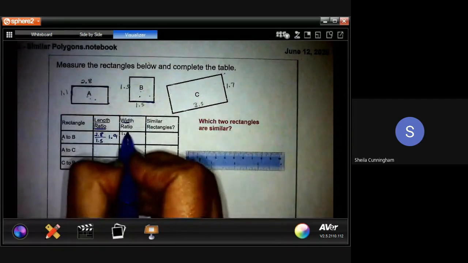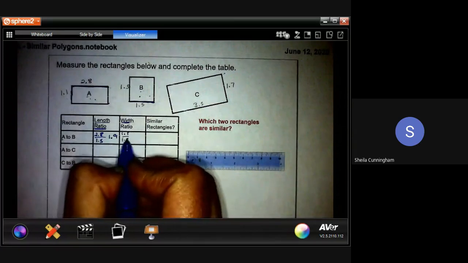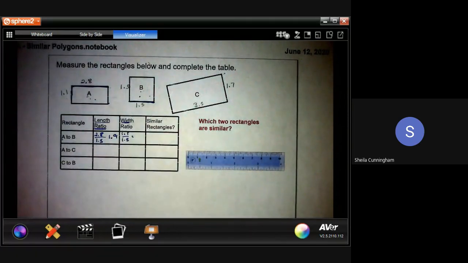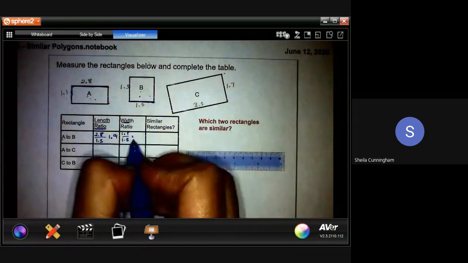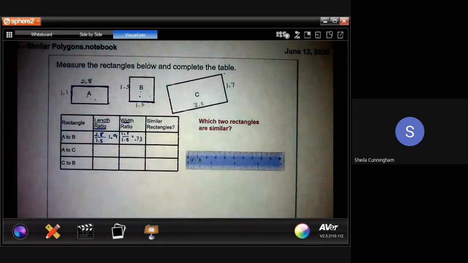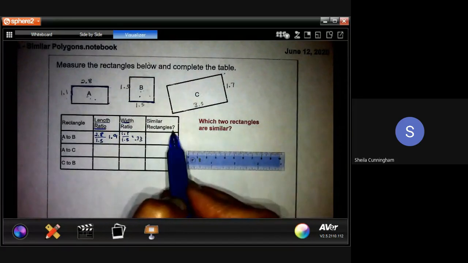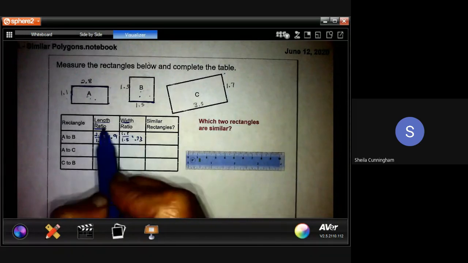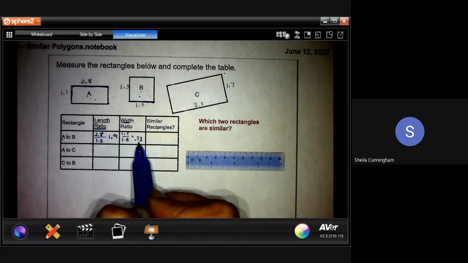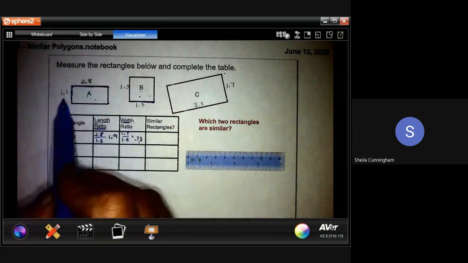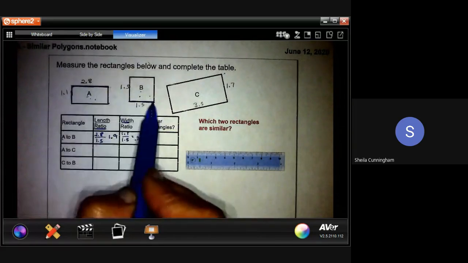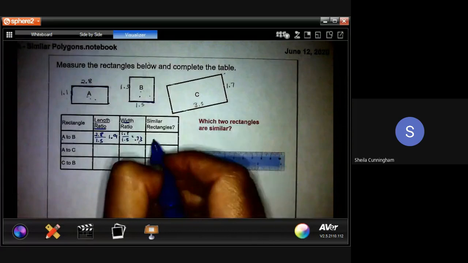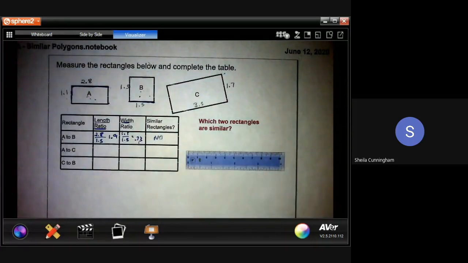So that means I'm taking 1.1 over 1.5, and I want to know, what does that work out to? 1.1 divided by 1.5, I get 0.73. Now, question is, are they similar rectangles? Well, these ratios that show up, they're different. So because there's a difference between the length ratio and the width ratio, these are not considered similar rectangles.